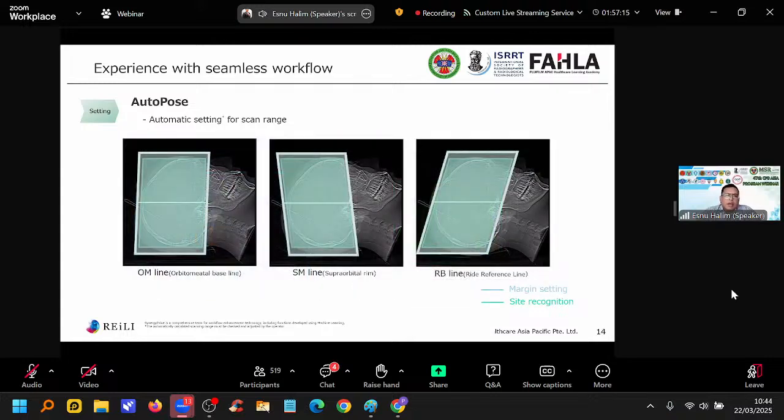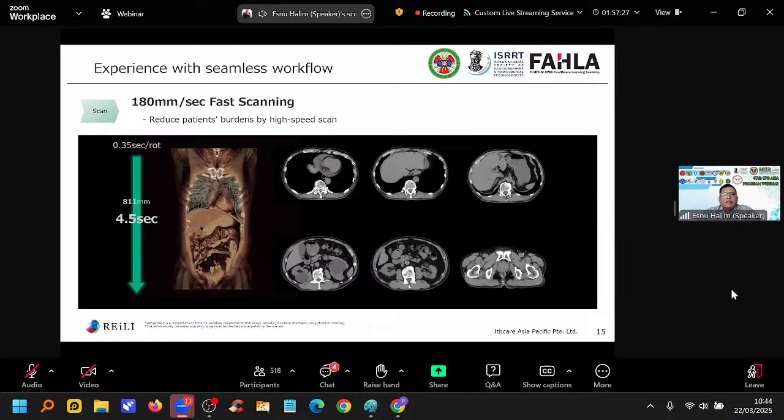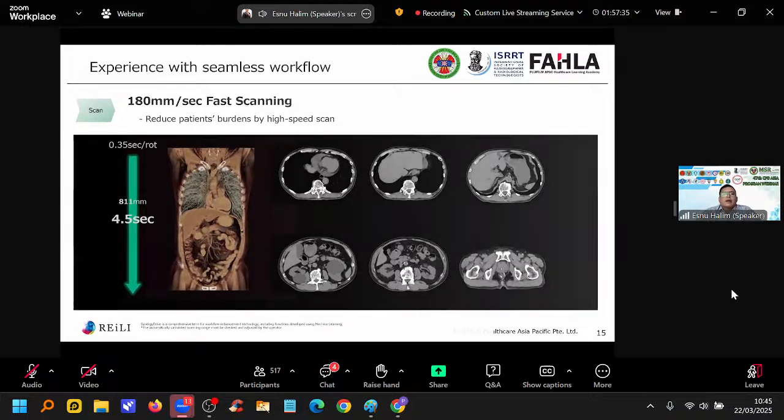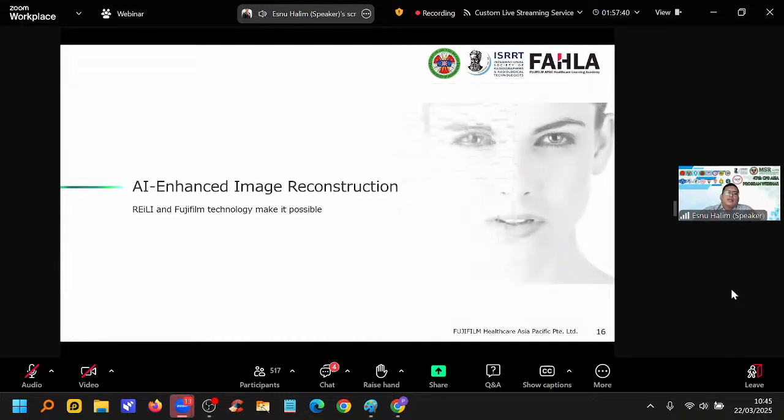Similarly, for head imaging, you can see the position and the site recognition, and then the workflow becomes faster, and it also reduces the burden with the high speed scan capability of the scanners. Okay, so now let's move to the next one.